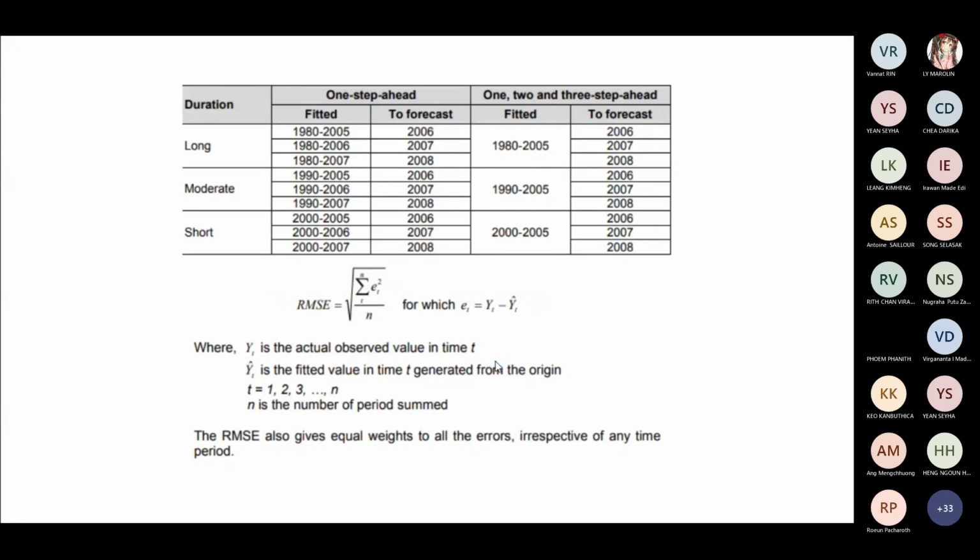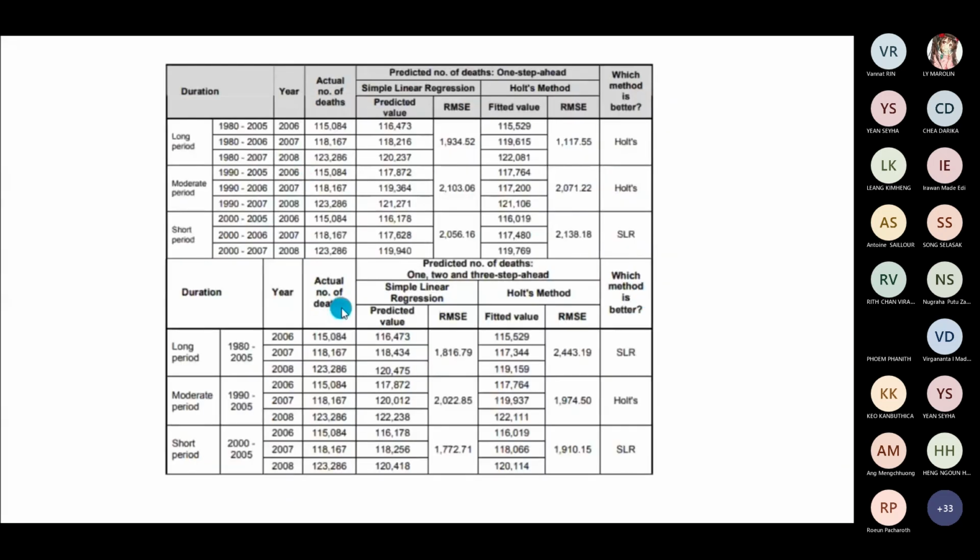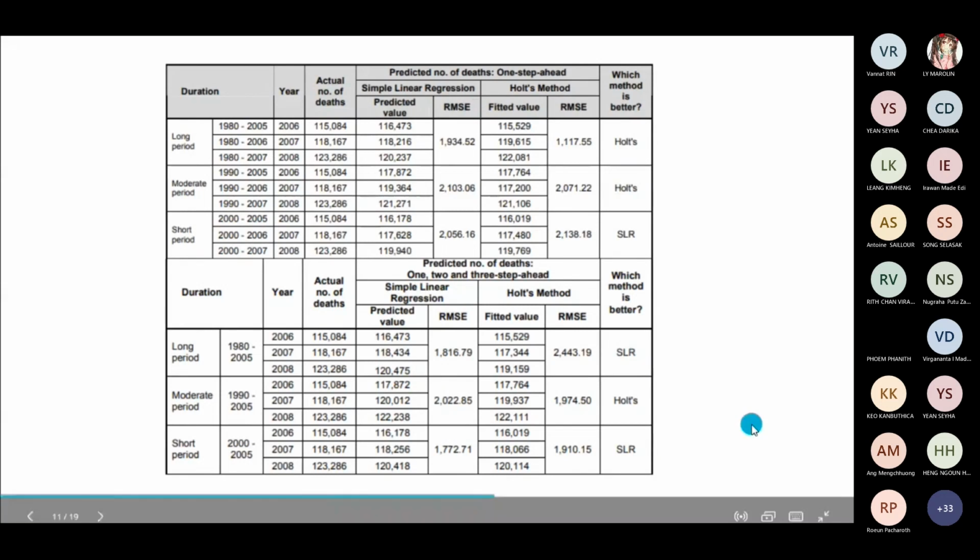For n is the number of periods or the data set. Then we got our data after the calculation, the prediction, and the error.